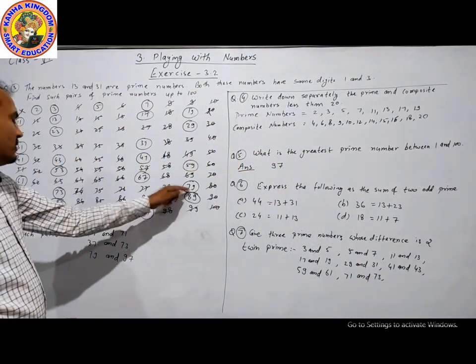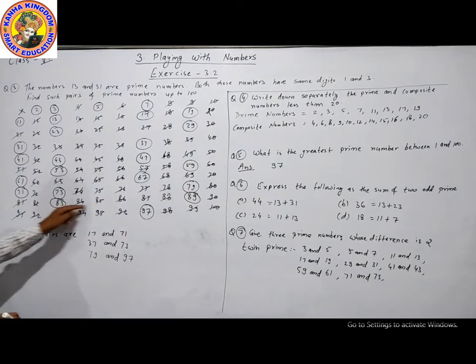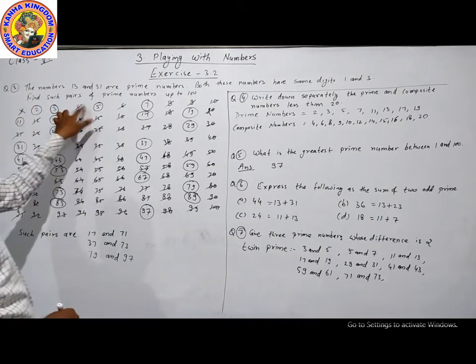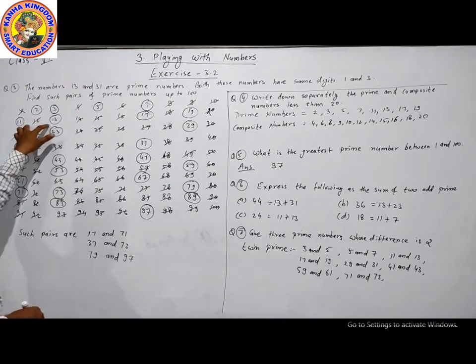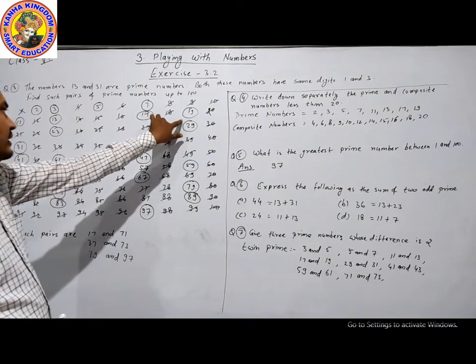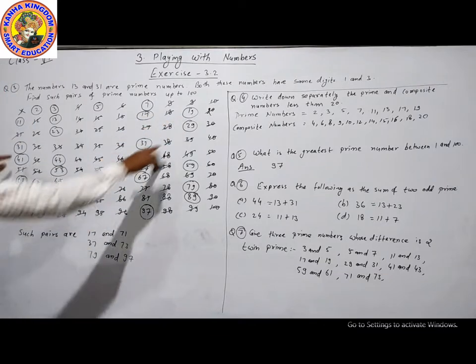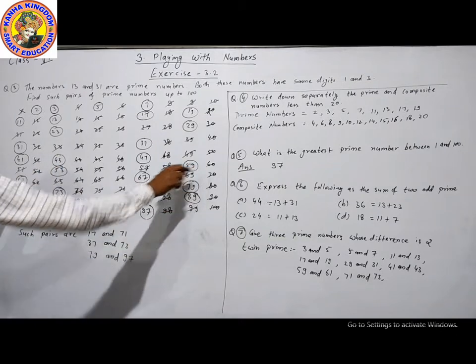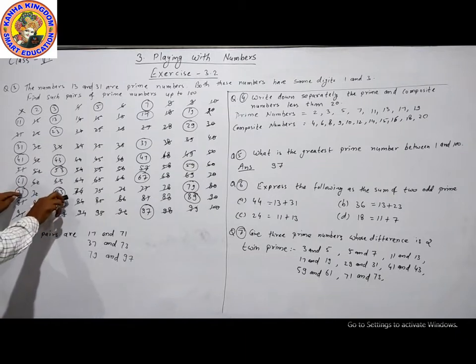Now 79 and 81, no. There are no other twin prime numbers. So the twin prime numbers are 3 and 5, 11 and 13, 17 and 19, 29 and 31, 41 and 43, 59 and 61, then 71 and 73.